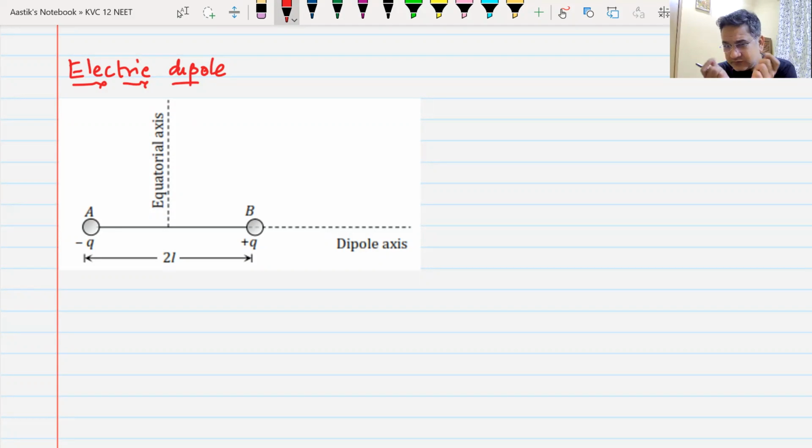You can think of it as a dumbbell. There is a rod in between, and then they have two bells. So two charges, positive charge and negative charge, separated by a small distance, that is known as an electric dipole.